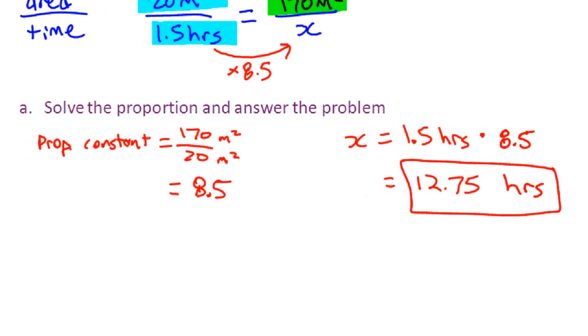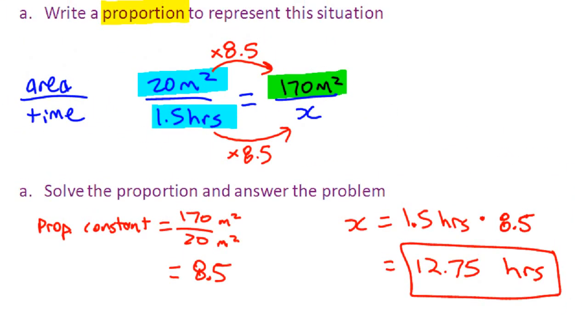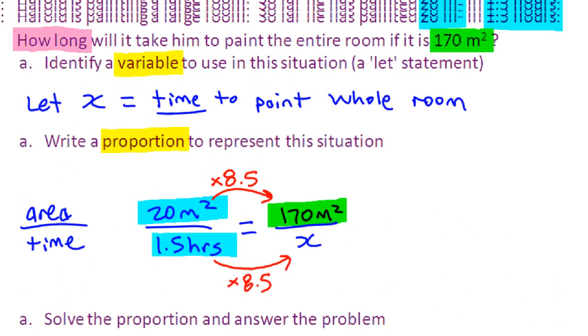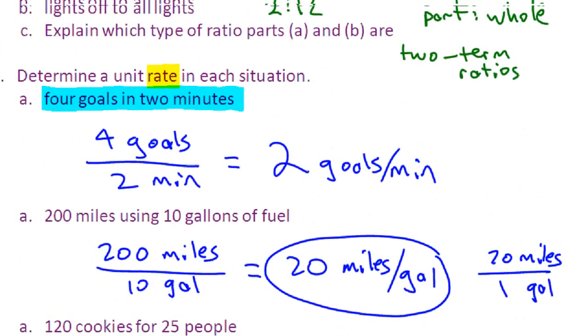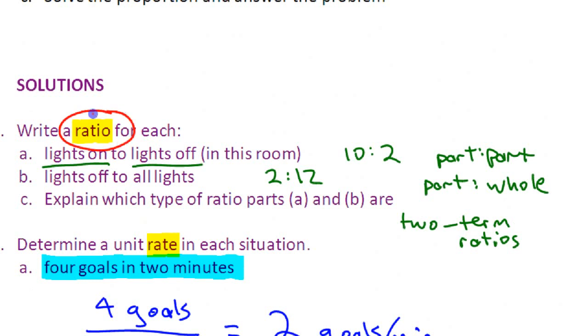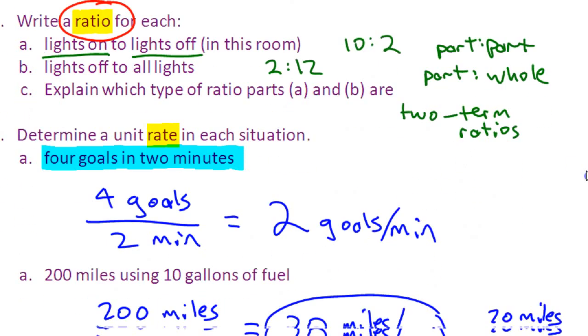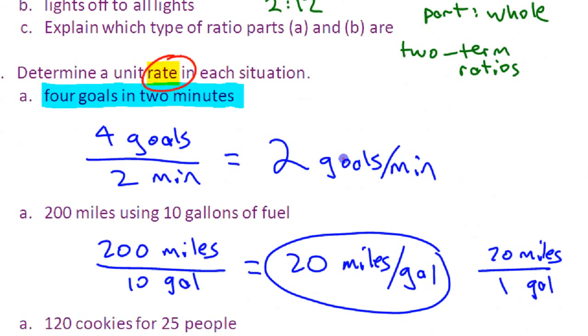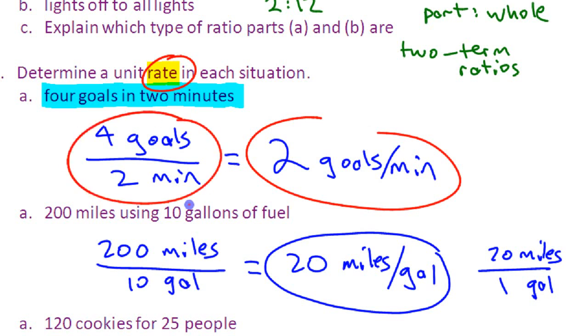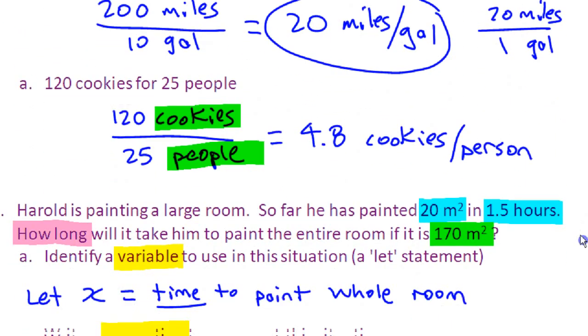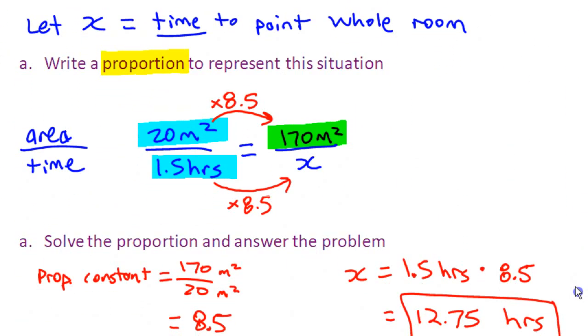I am hoping we are okay with the different concepts in here. This is a little mini review of the 3 different things that we looked at in this section, this chapter, right? Okay, remember the 3 different concepts here: ratios, different types, rates, unit rates and non-unit rates, and proportions, okay?